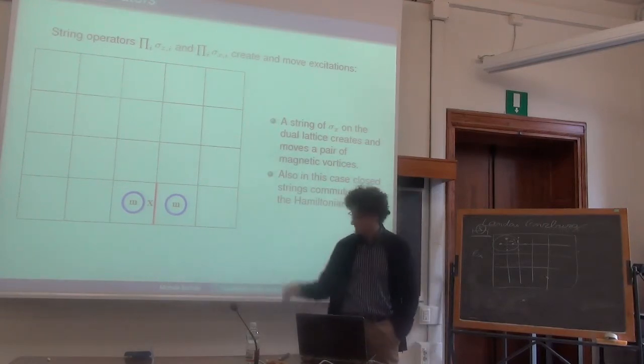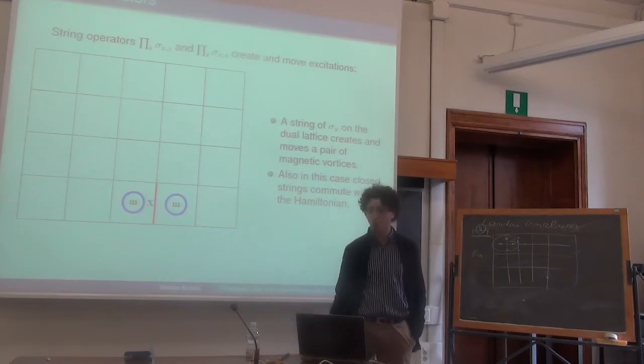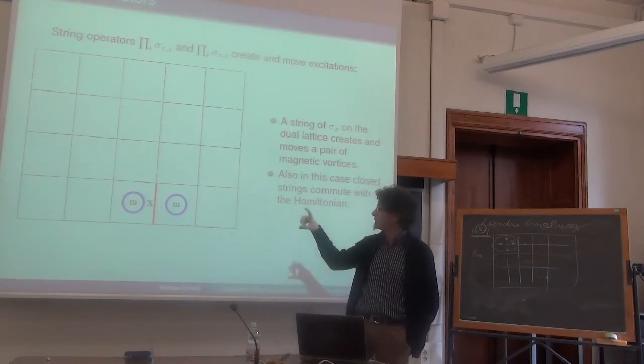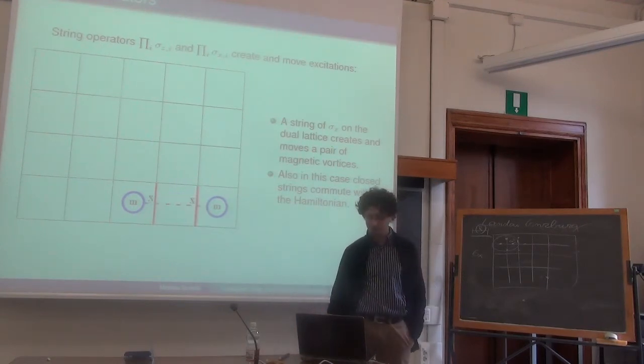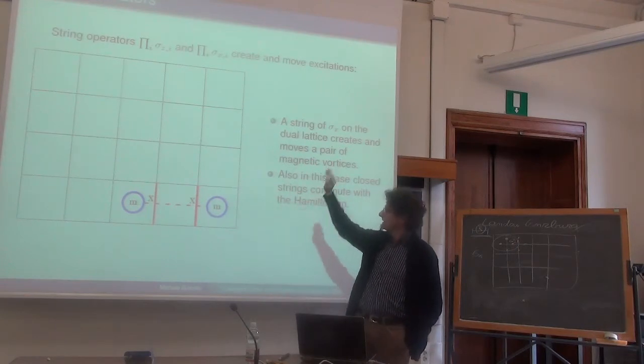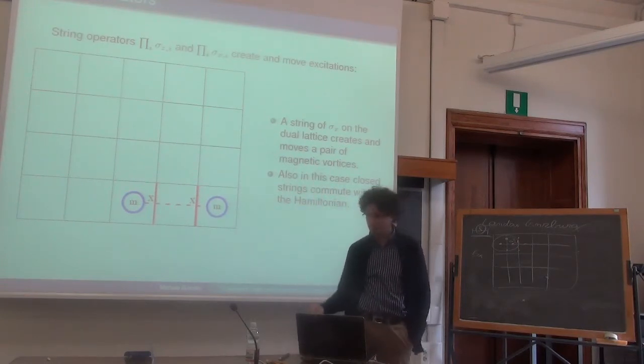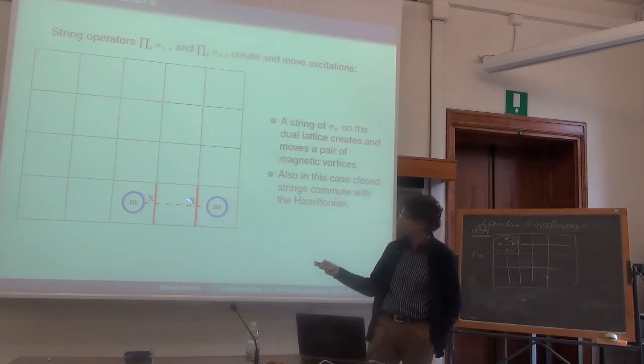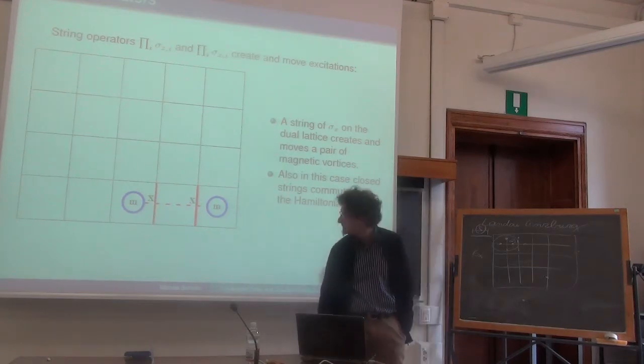Essentially, as I said, if I apply a single X operator on one edge, I obtain a pair of magnetic fluxes, but then I can continue to add these X operators, and you see that this plaquette term is restored, because I am applying 2 different sigma X, and this product commutes with the plaquette operator in the middle.